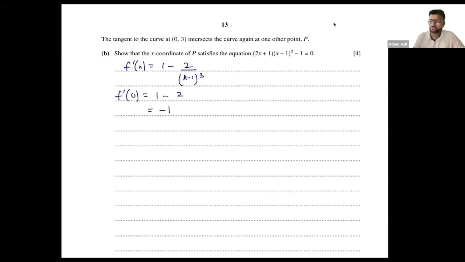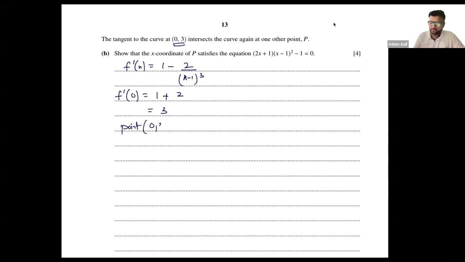So the gradient comes out to be plus, this is going to be plus, I think 3 will come, 3 because minus 1 cubed is negative 1, then that's going to be 3. So the gradient is 3 and the point is (0, 3).